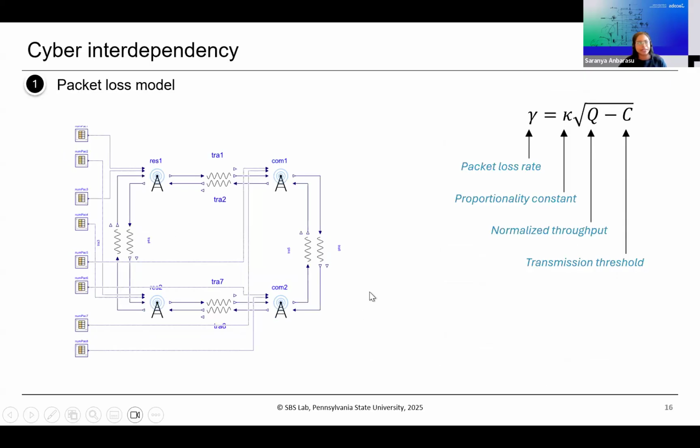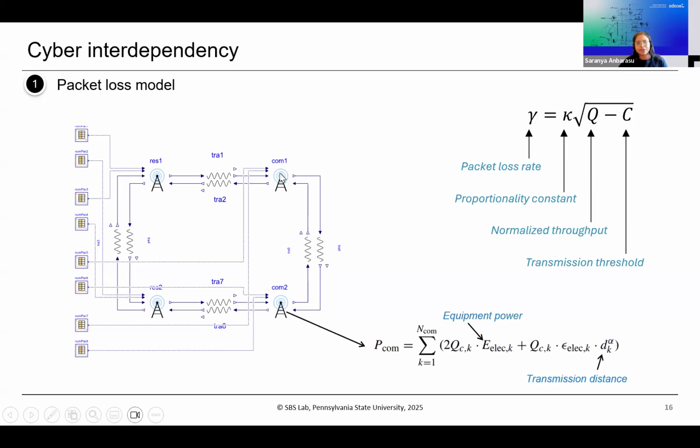Similarly, the cyber interdependency is modeled as a packet loss model, where we have data transmitting from one residential block to other residential or commercial blocks, right? Based on the bandwidth of the network that we are transmitting over, we are going to see some kind of loss in data, which affects the throughput. So not all the throughput is going to make it to the other block.